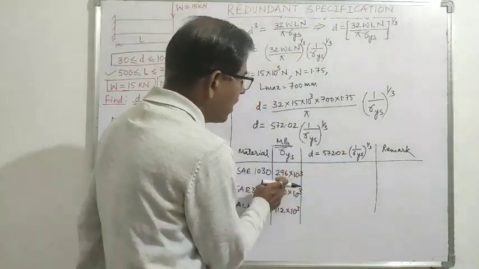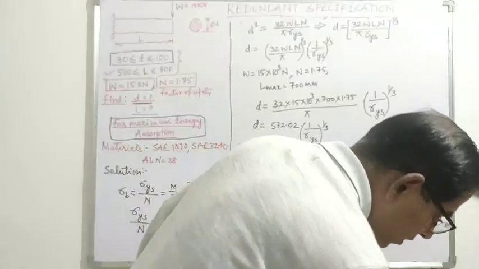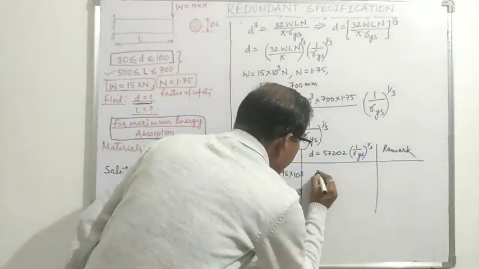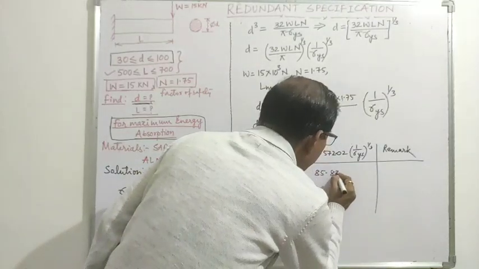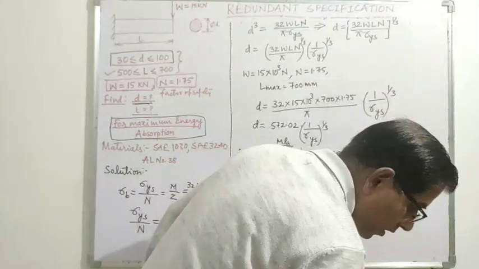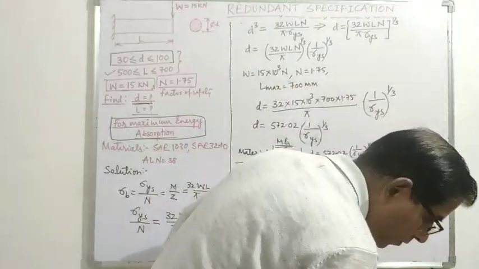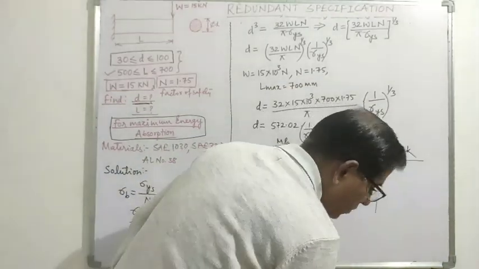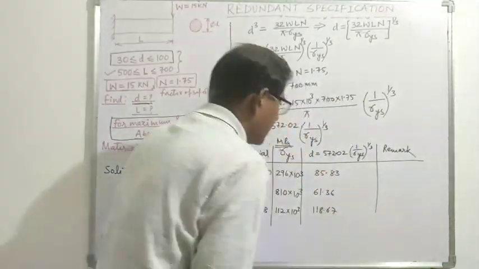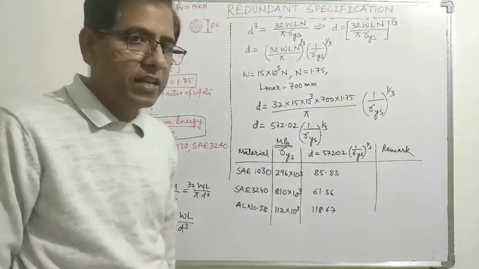So if you put these values in this equation, then the diameters are 85.83 mm, 61.36 mm, and 118.67 mm. These are the three diameters calculated for three materials.